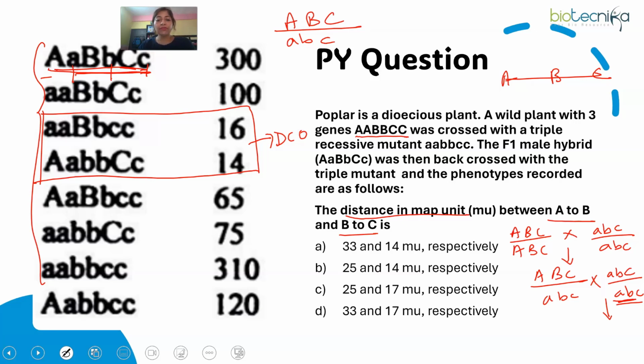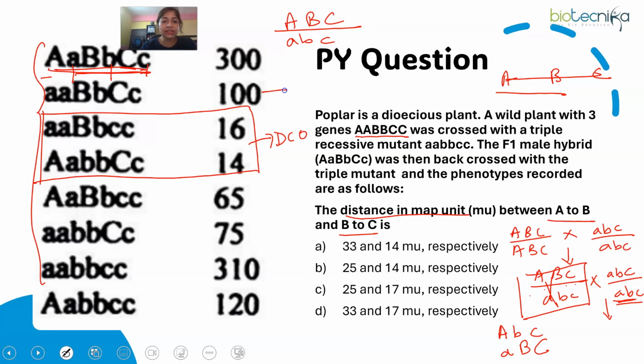Now we have to figure out the SCO between each pair. Let's consider A and B first. If this is the genotype of the heterozygote and crossing over is happening here, what will be the SCO produced? The SCOs will be capital A, small b, small c, and small a, capital B, capital C. Remember, in all of them, small a, small b, small c will go to the other chromosome.